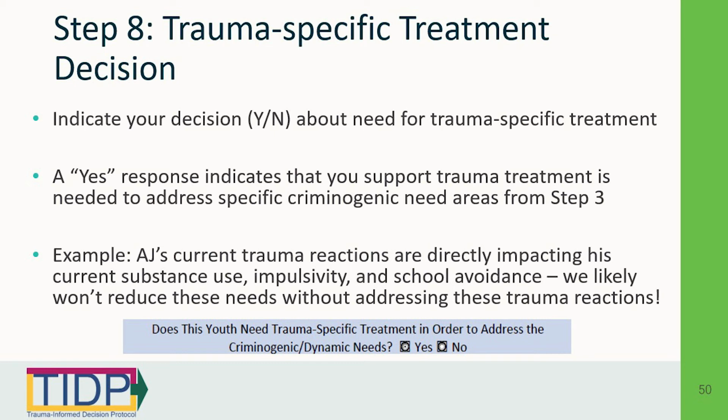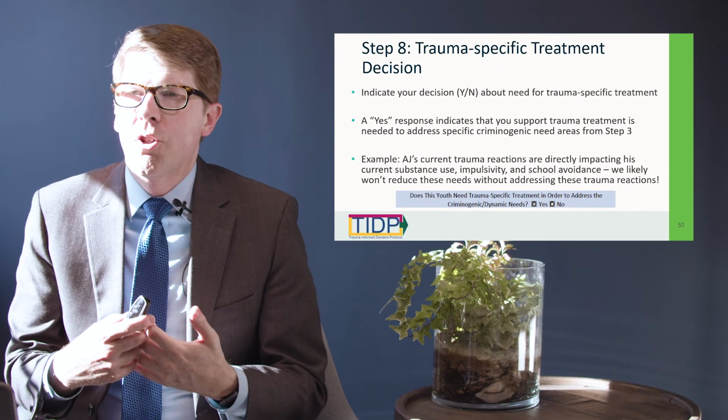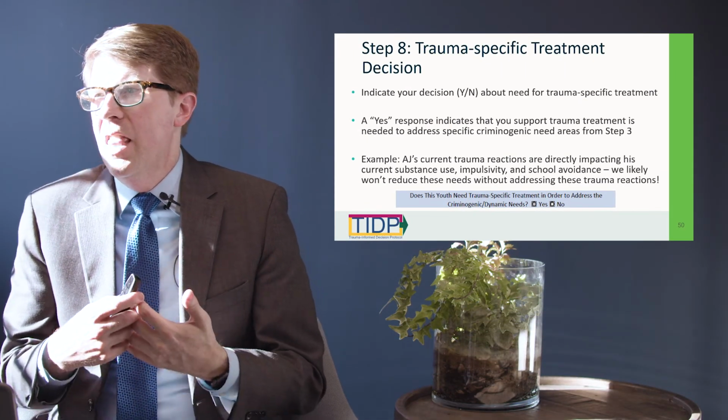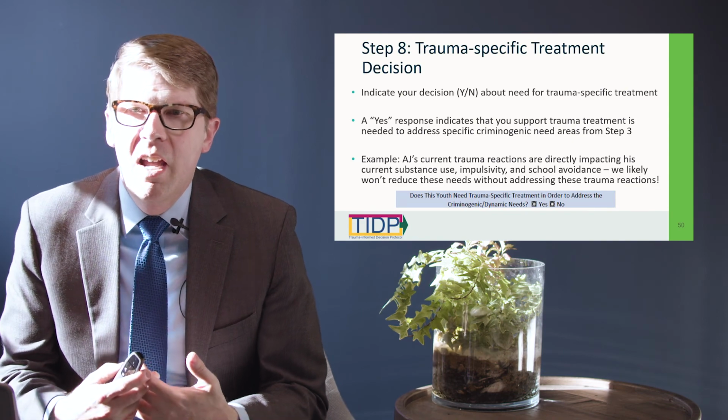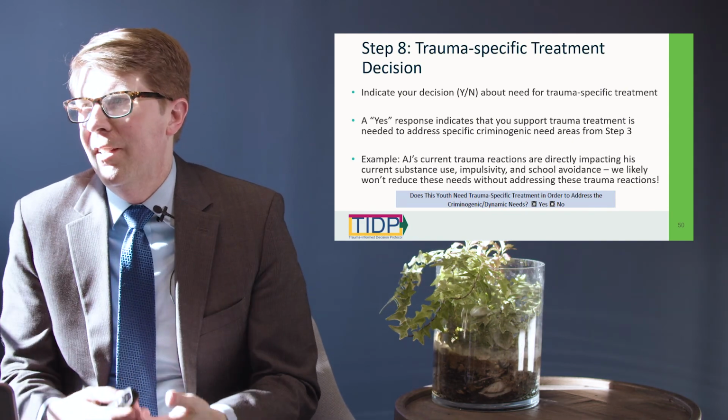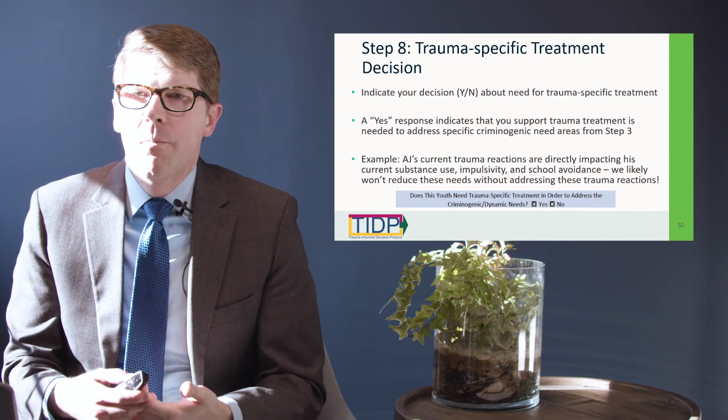And what you might be thinking is that the specific high ratings around trauma reactions that are directly connected to our concerns about substance use and the personality behavior domains are strong and high enough that we don't need a further assessment here, that we want to refer this youth directly to trauma-specific treatment.